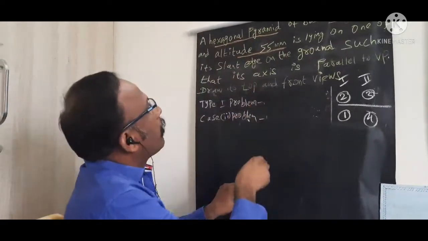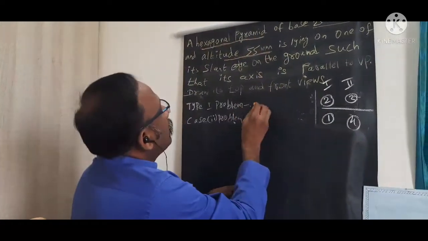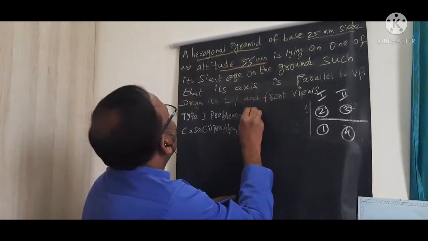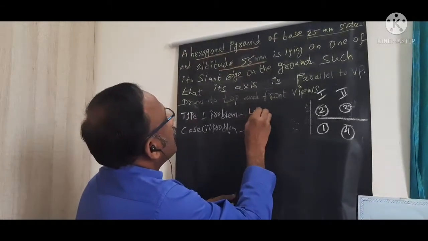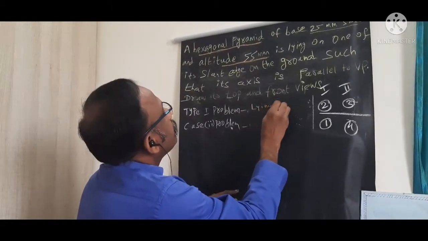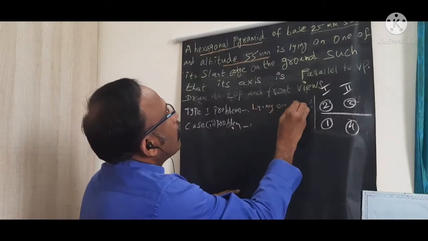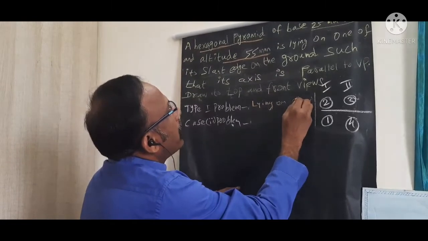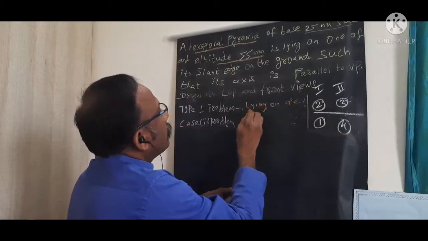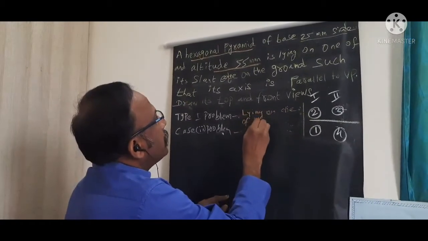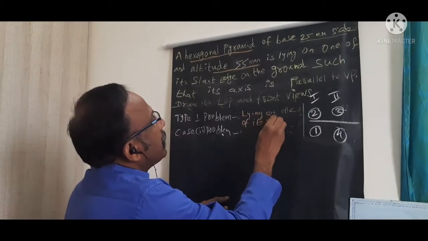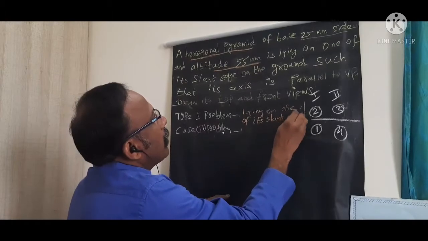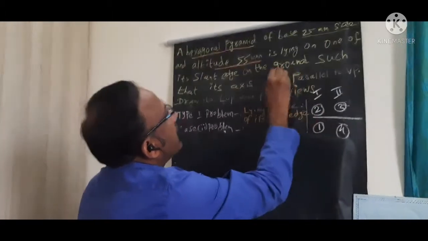Here it is a type 1 problem because it is lying on one of its slant edges on the ground. It is given as ground.